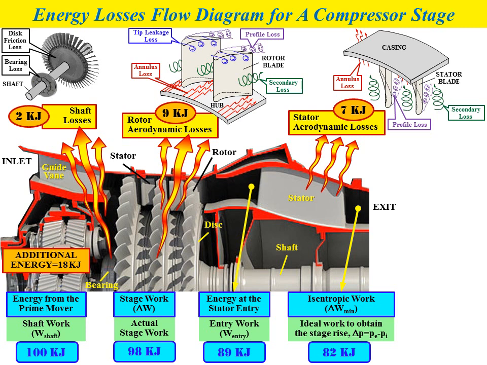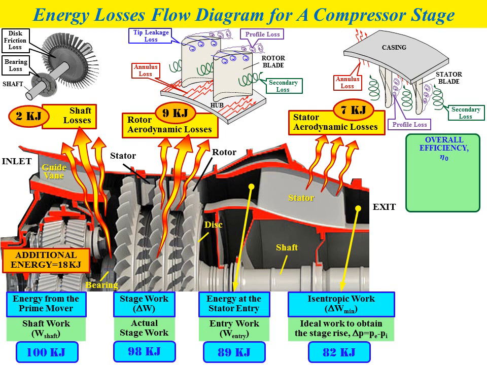So for this example, overall we need additional energy of around 18 kilojoule in order to maintain the isentropic work at 82 kilojoule.